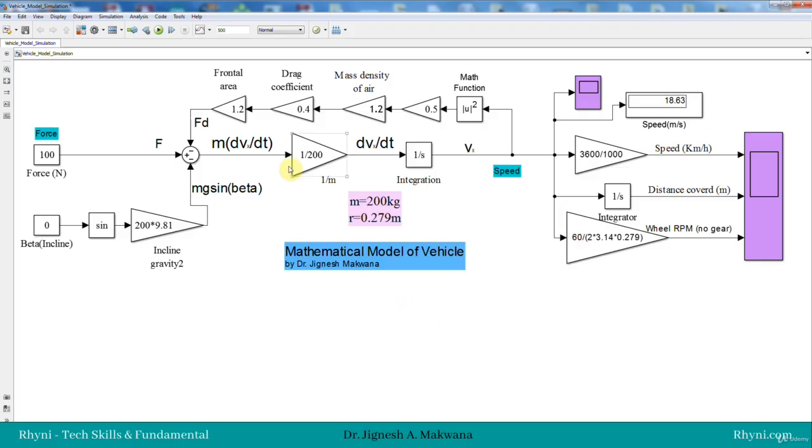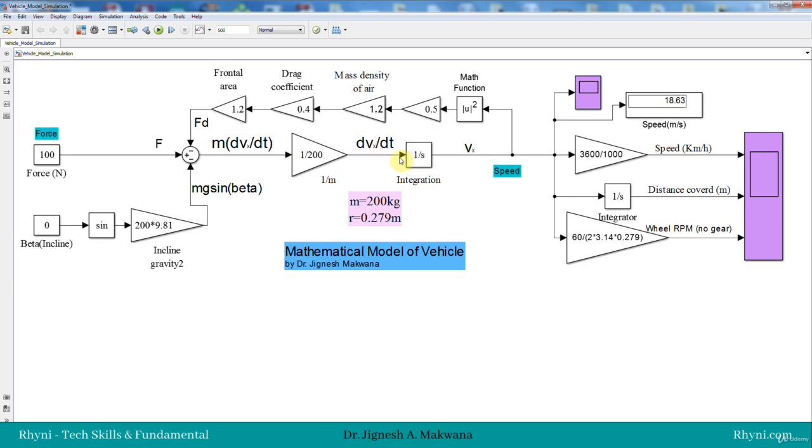For more clarity, I have written in the same format 1 by 200, where 200 is the mass. Here we have assumed the vehicle mass is 200 kg, and if we divide m dv by dt by 200, what will remain at this side? We will have dv by dt.